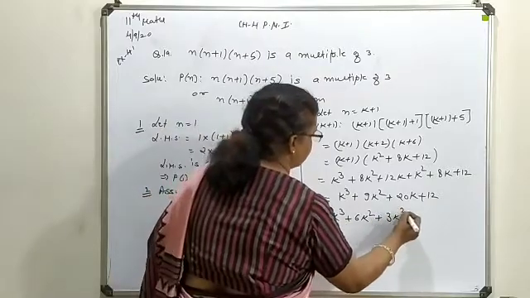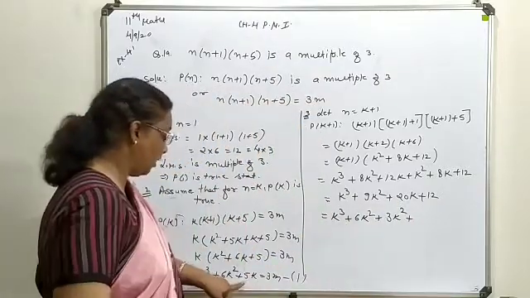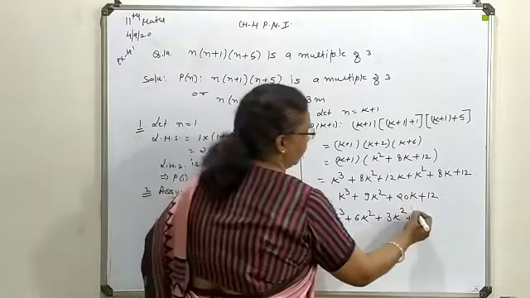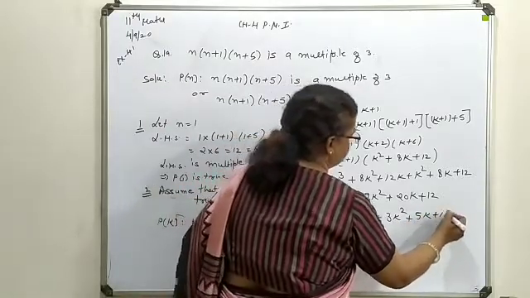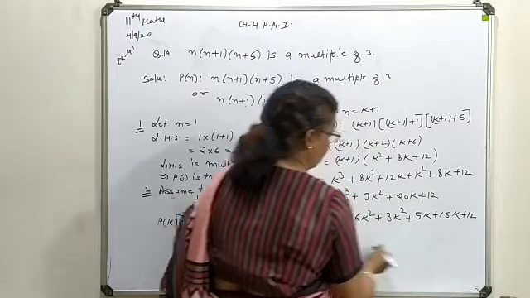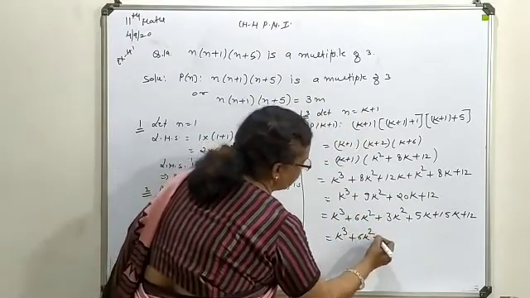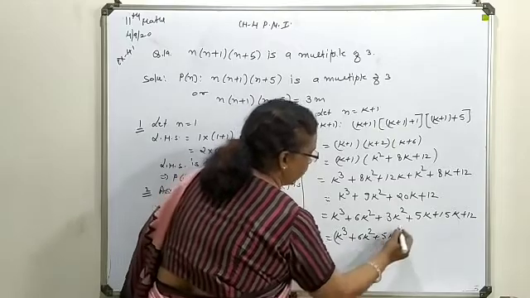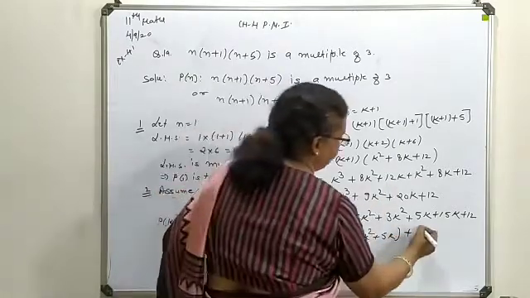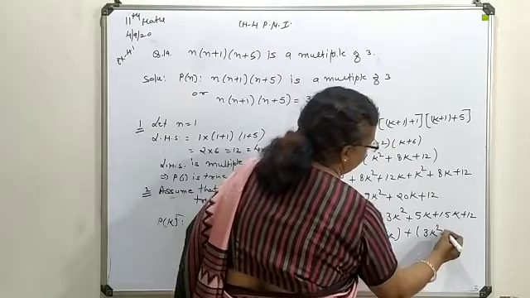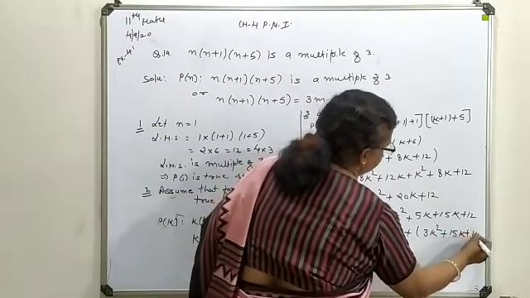Remaining is 3k square plus 20. Out of this 20, 5k you make separate. Means k cube plus 6k square plus 5k we combined as one bracket form, plus write the remaining one, that is 3k square plus 15k plus 12.